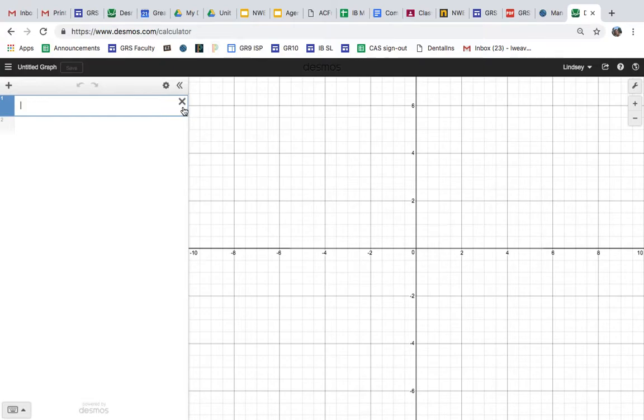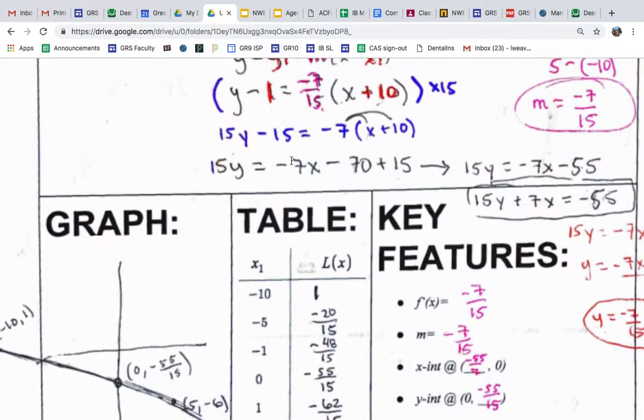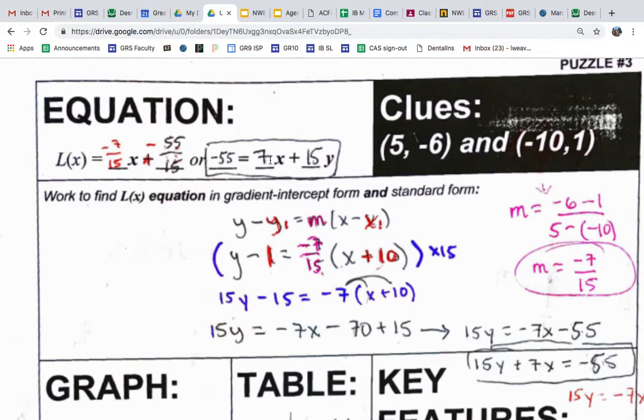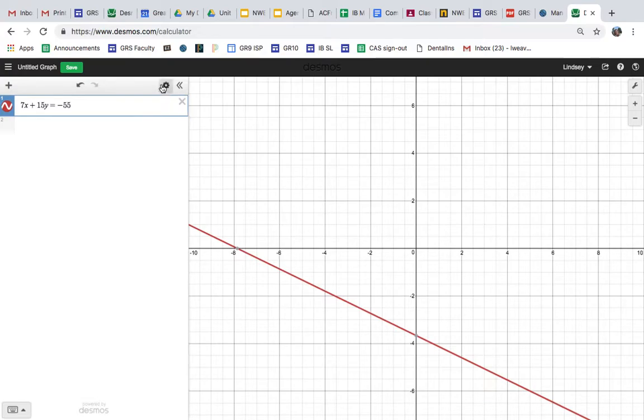If we substitute in 7x plus 15y equals negative 55, is that the correct solution? Okay.